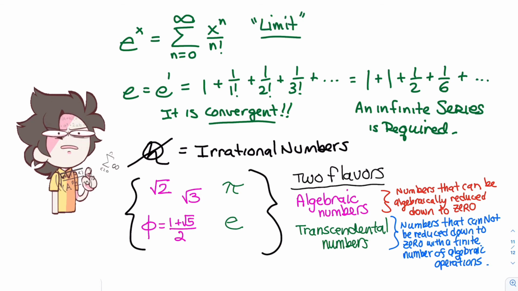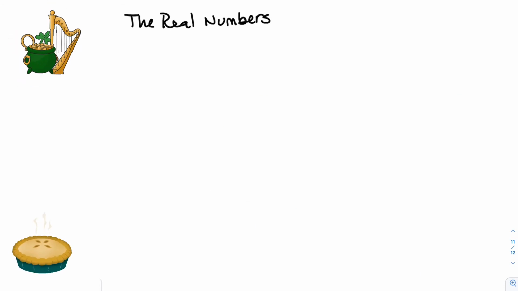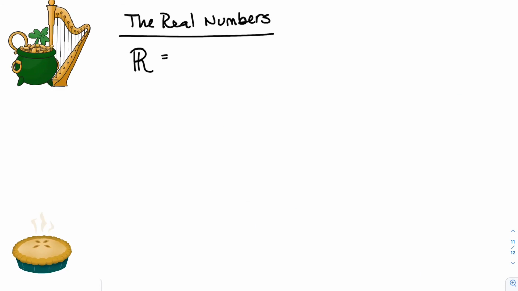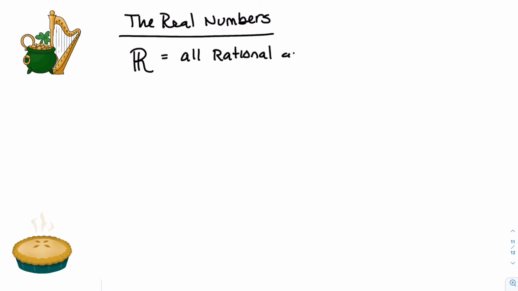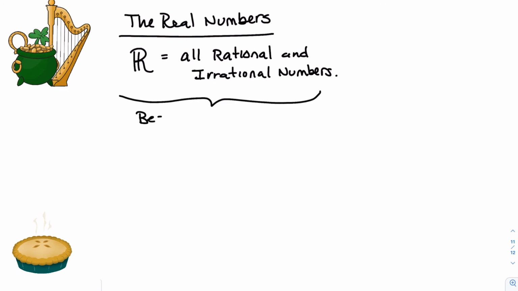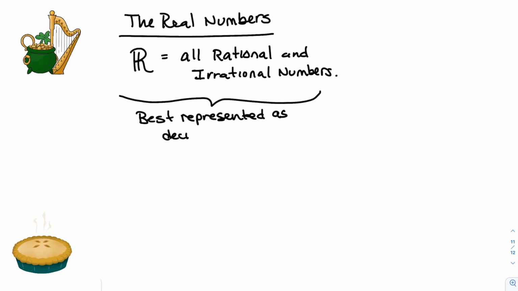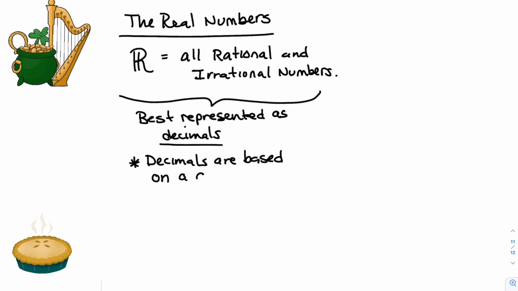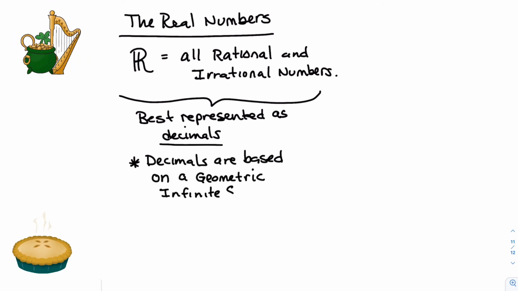This all goes back to that same idea of a limit. So the real numbers consist of all numbers that are both rational numbers and irrational numbers. And as we've seen, some of those irrational numbers are algebraic and some of them are transcendental. Our friend pi is amongst the transcendental.